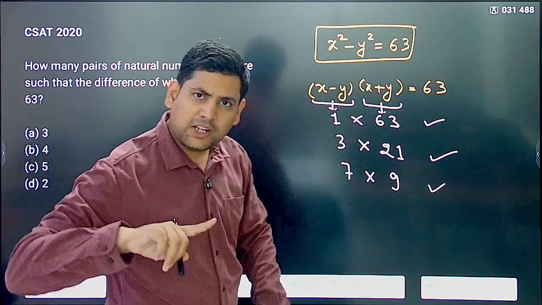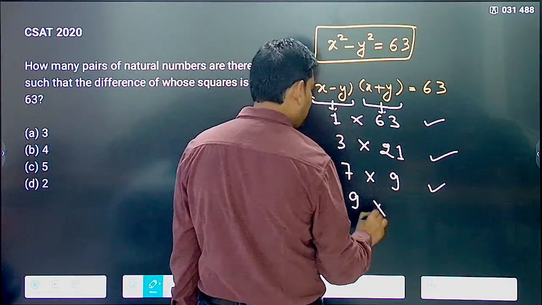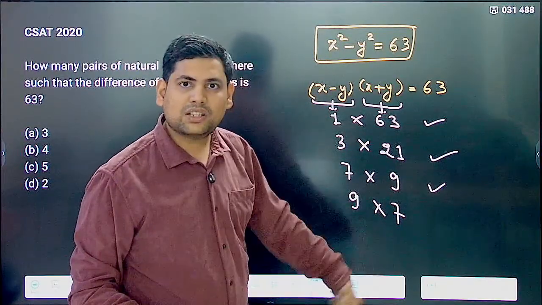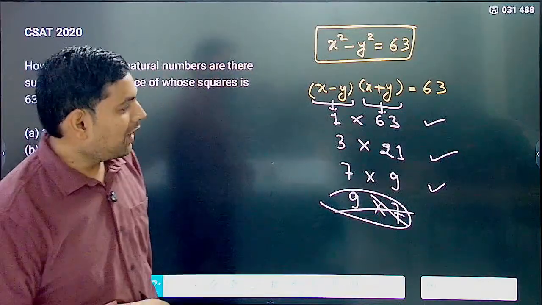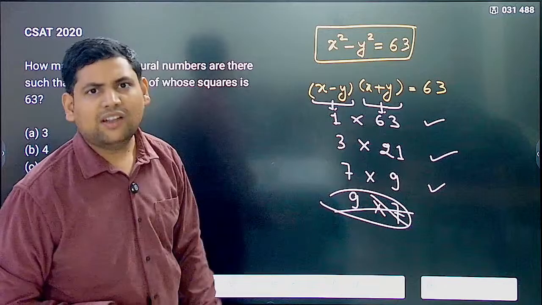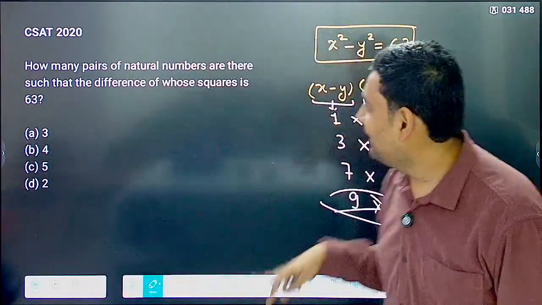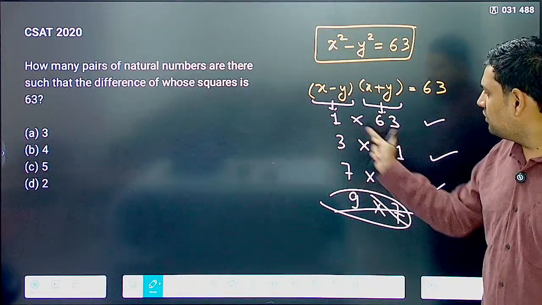Now if I try to take any other number, let's go one more. So I write here 9, then this becomes 7, but x minus y has to be less than x plus y. So that means this case is not possible. So how many cases you got? 1, 2, 3. Now if you have so much free time, you have already cleared the CSAT, then you can solve this and get the exact values. Otherwise you're getting 3 pairs.